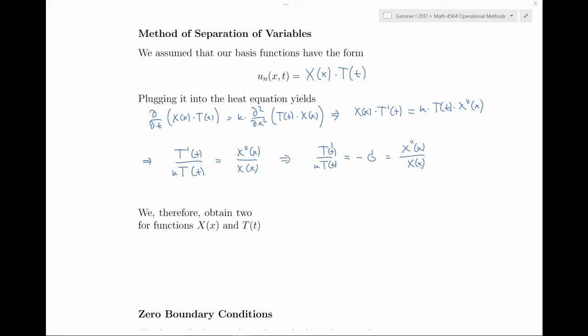Therefore, we obtained two ordinary differential equations. One reads that T prime plus kappa sigma T should be 0, and another reads that X double prime plus sigma X should also be 0.